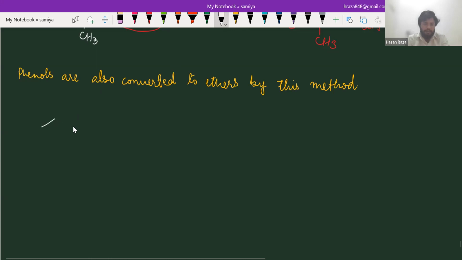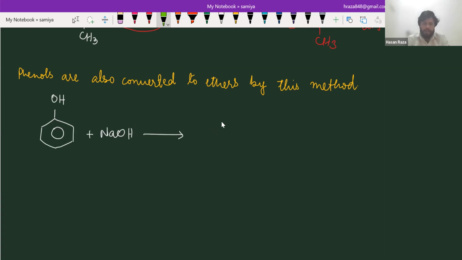So basically, if you have phenol, you are going to react this with NaOH. Then what will happen? It's very simple. This is acid, this is base. We have already seen the reaction.